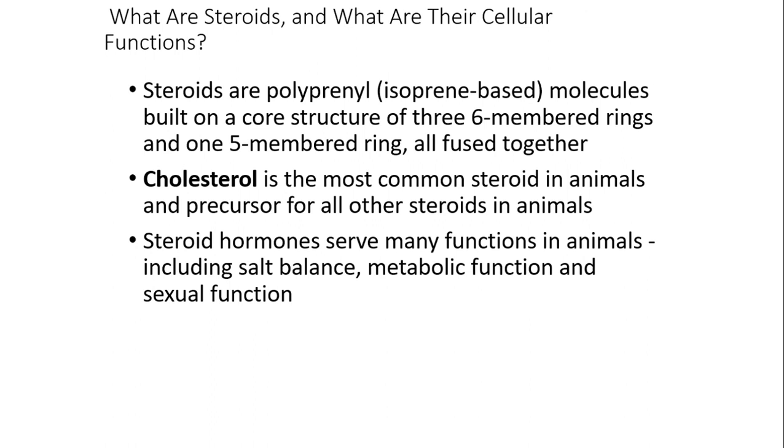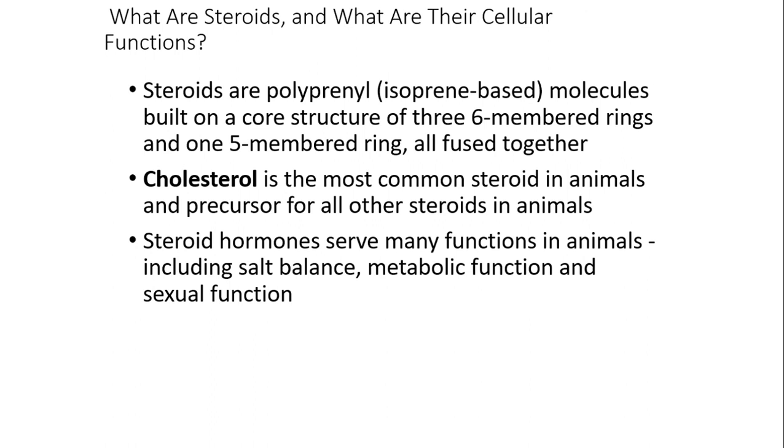So another very, very important molecule that is lipid-based or isoprene-based are steroids. We'll look at steroid hormones. This core structure of 3 6-membered rings and 1 5-membered ring all fused together are the basis for building steroid hormones and cholesterol.